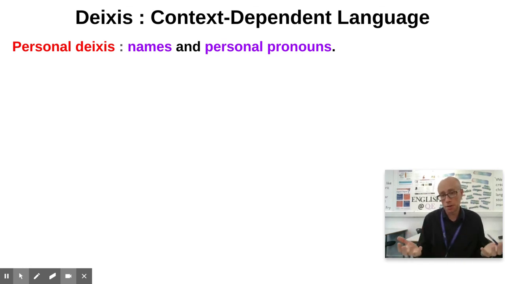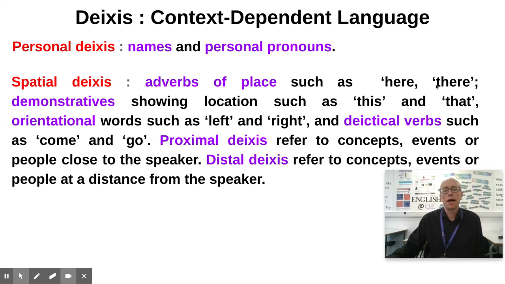We have personal deixis. So this is where you refer to specific names or you refer to people or things with personal pronouns. So that's called personal deixis. We have spatial deixis, where these are words like here and there, so adverbs of place that show where something is.